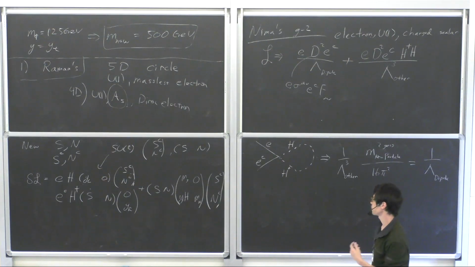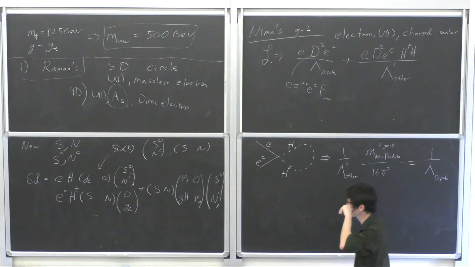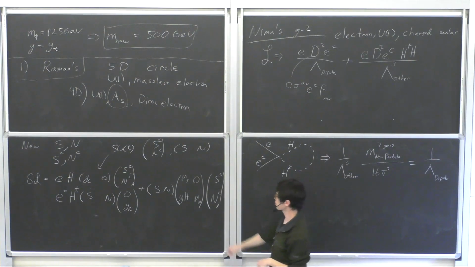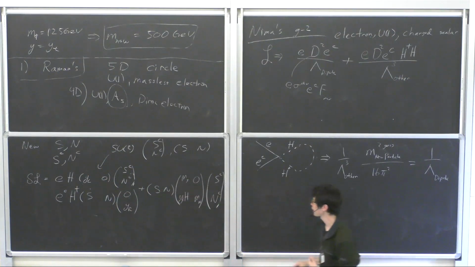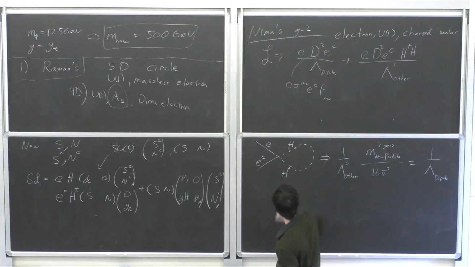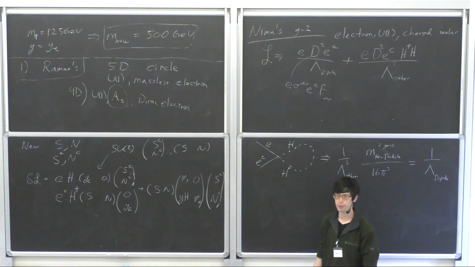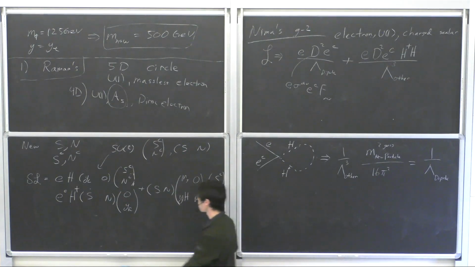So if you want, I can talk afterwards about how you can put in an SU2 and flavor symmetries and whatnot to set these things equal to 0. For now, let's just take them to be 0. And the question is just, let's try to get these 2 guys.